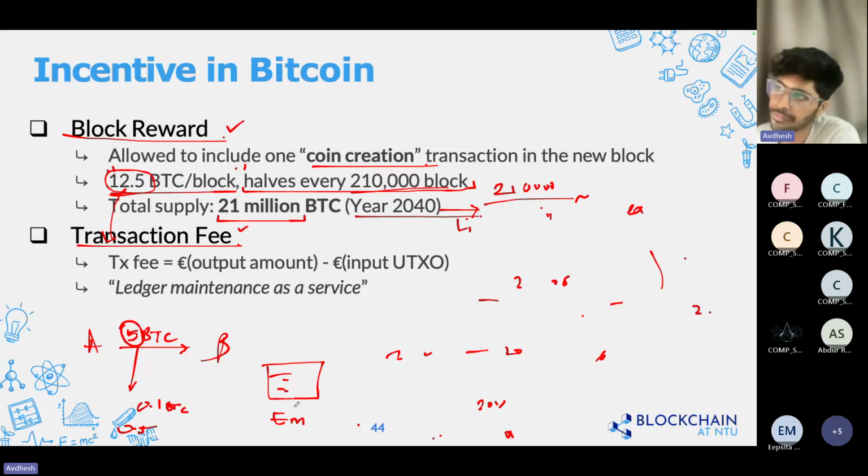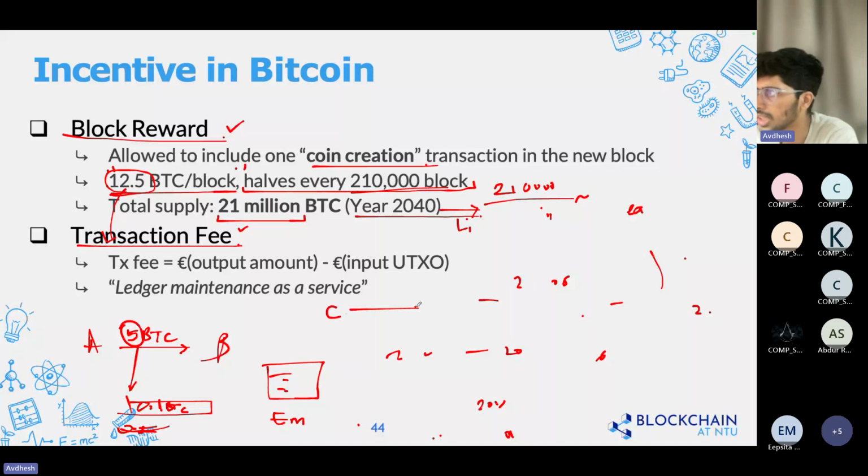So if Alice and Bob have a transaction fee of 0.1, she has decided, hey, I'm allocating 0.1 Bitcoin to the miner who is going to verify this transaction on the blockchain. And there's someone, Charlie, let's suppose, sending the same 5 Bitcoin to David.